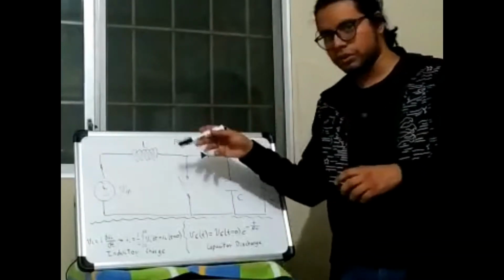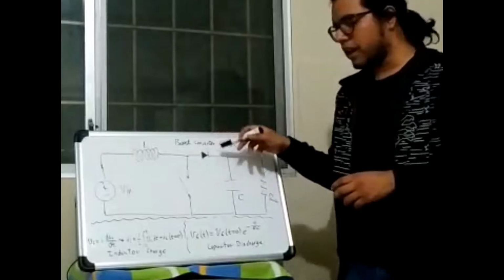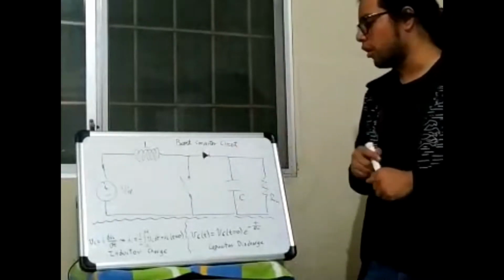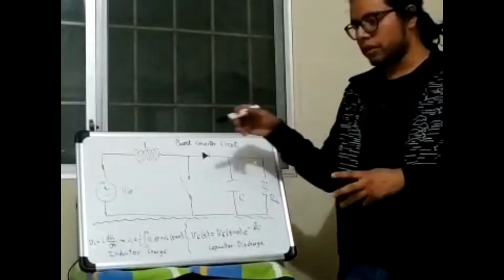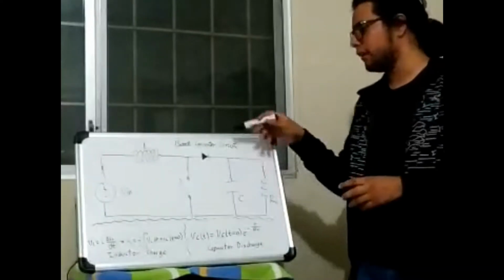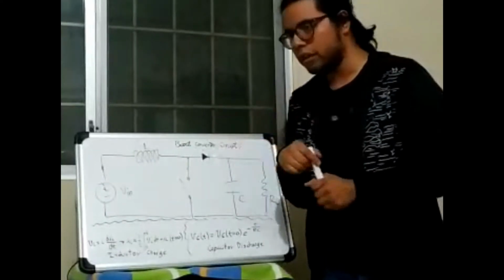It's not really oscillating because we have this diode that doesn't allow negative currents. So the current of the inductor is going to be constant in this case.